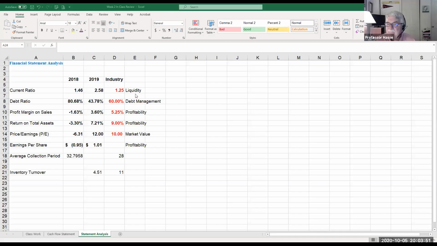That tells us about a company's liquidity, their debt management, their profitability, their market value and profitability in the market, and their efficiency. Are they managing their business well? So we take a look at the financial statements to answer these questions about our companies.